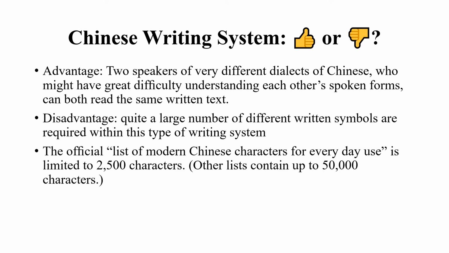The official list of modern Chinese characters for everyday use is limited to 2,500 characters, but other lists contain up to 50,000 characters. Remembering large numbers of different composite word symbols does seem to present a substantial memory load, and the history of most other writing systems illustrates a development away from logographic writing systems.